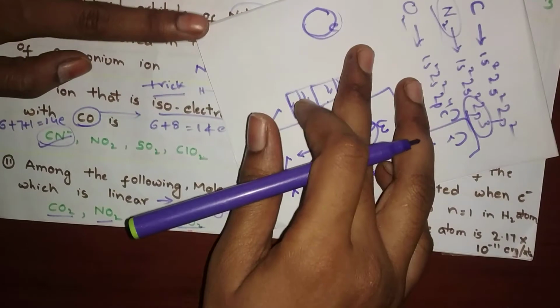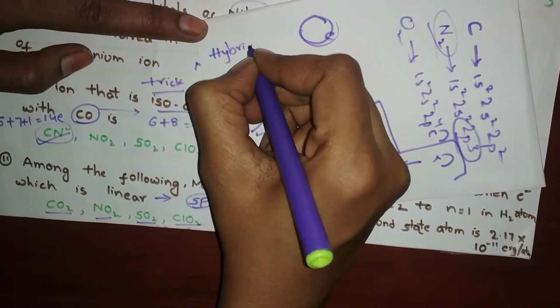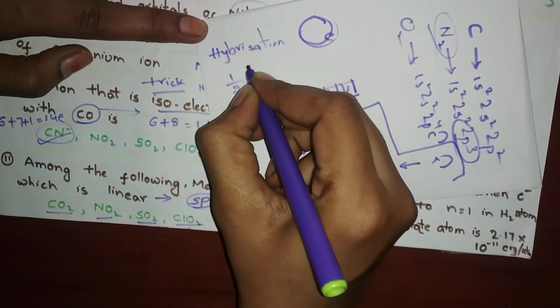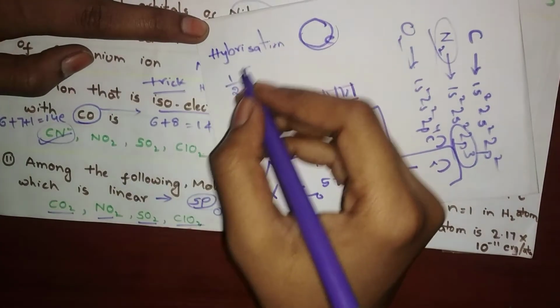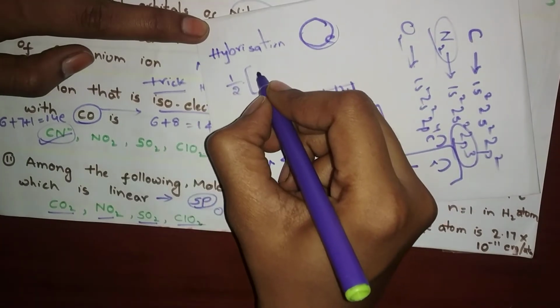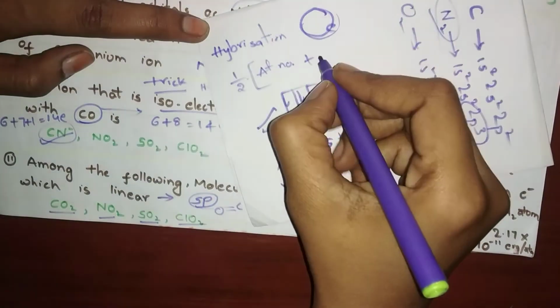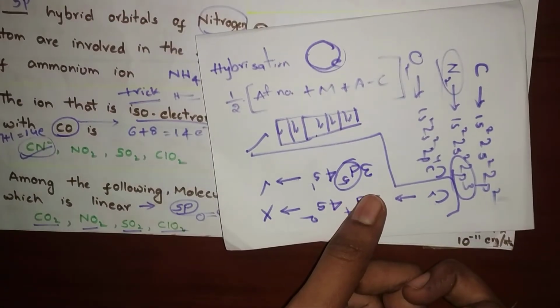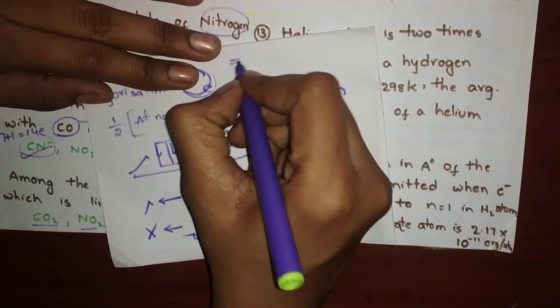See, for hybridization, a formula is there. That is half into the valence electrons of the central atom plus monovalent atoms plus anion minus cation. Just wait. See, for carbon, what is the atomic number? 6, right?